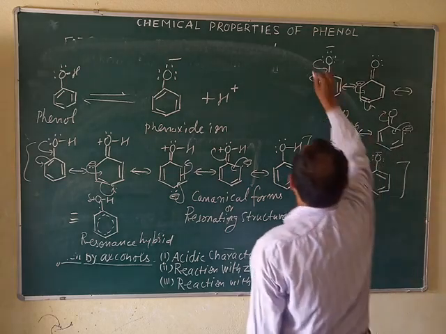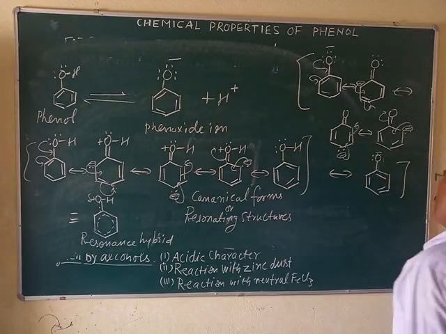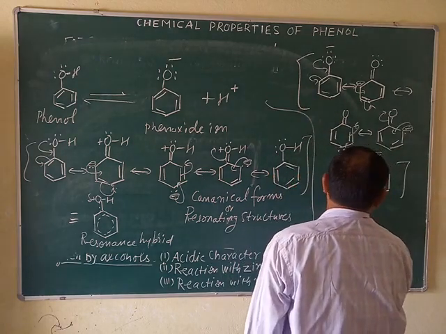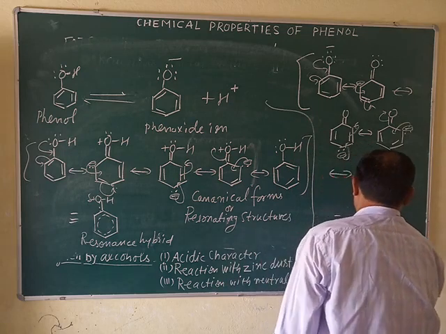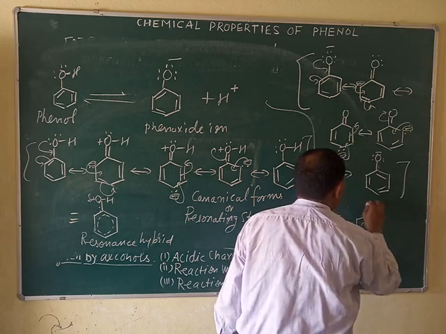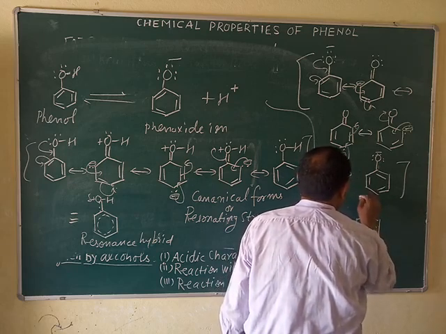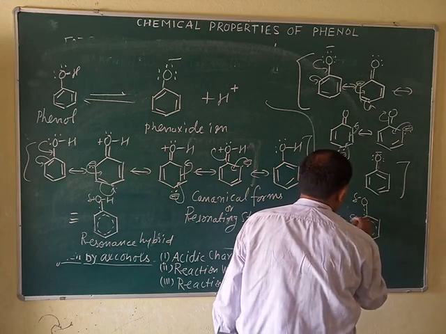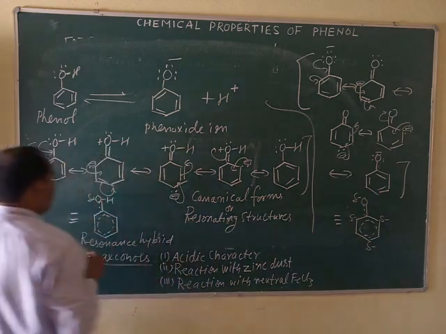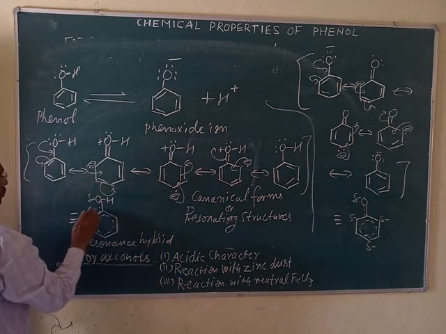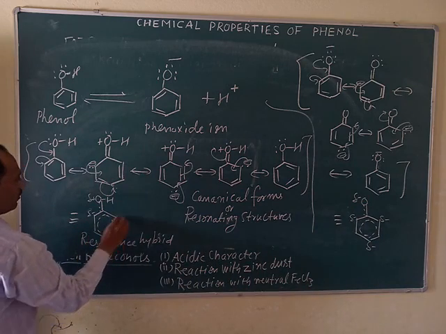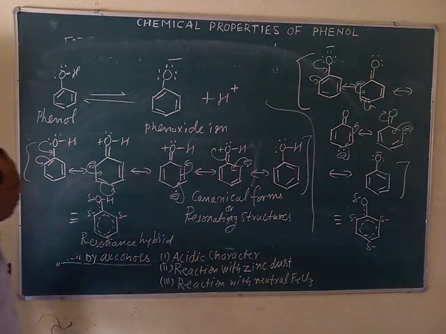These are the resonating structures of the phenoxide ion, and its resonance hybrid equivalent structure can be written with partial negative charges, and in phenol partial positive and partial negative charges. Okay.